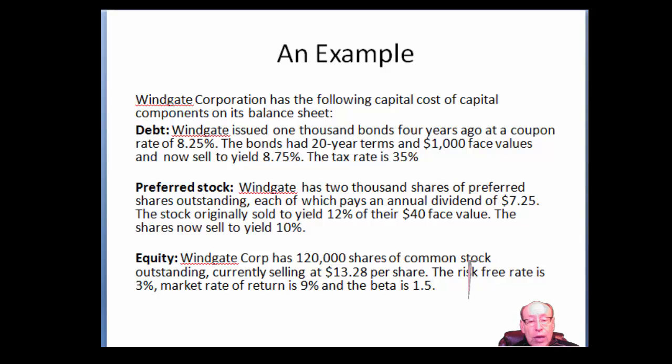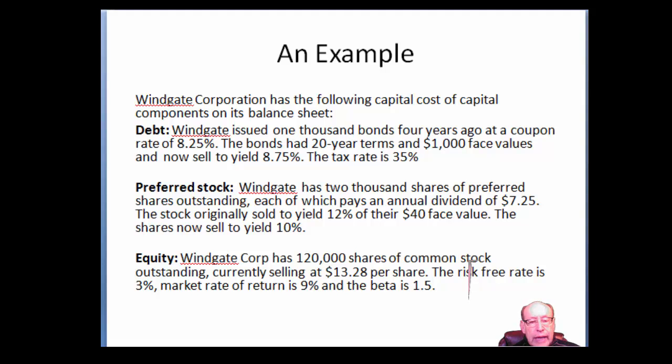For preferred stock, Wingate has 2,000 shares of preferred shares outstanding, each of which pays an annual dividend of $7.25 a share. The stock originally sold to yield 12% of their $40 face value. The shares now sell to yield 10%.